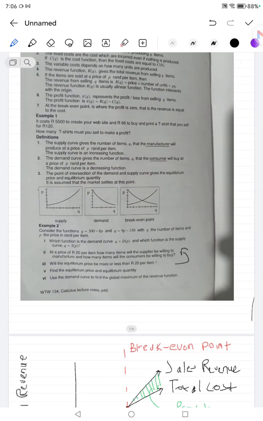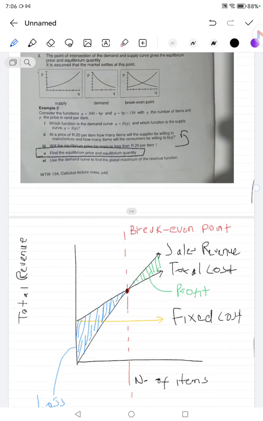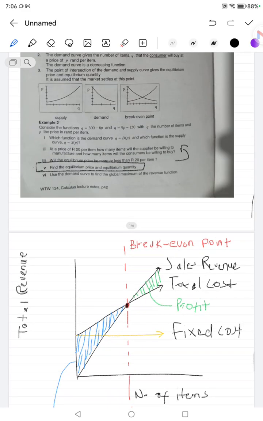So now you go and check that, okay, they're saying find the equilibrium price and equilibrium quantity. See? I was just tempted to answer it in terms of price on number 3. If they didn't include this follow-up question, you could also answer it regarding the price, or you can answer the way we were speaking about.